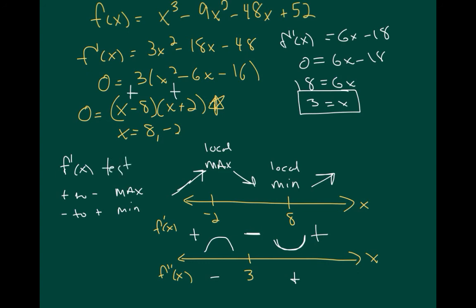The second derivative test tells us that when we are looking at a critical point that is also concave down, that's going to be a maximum. And sure enough, it is. And when we have a critical point with positive concavity, that's a minimum.